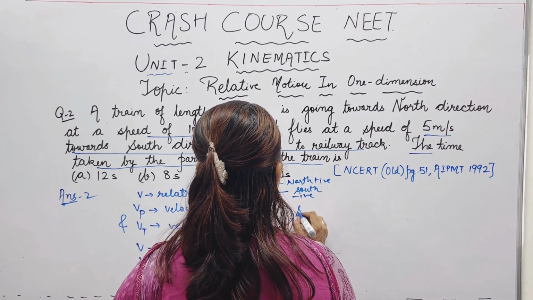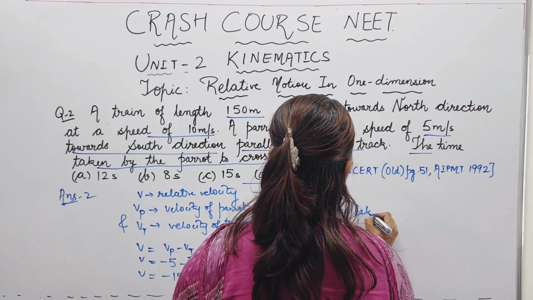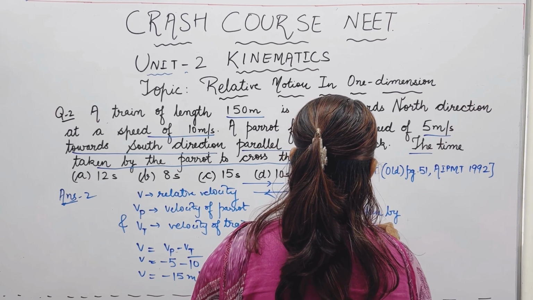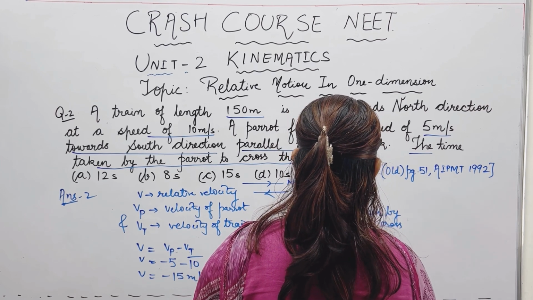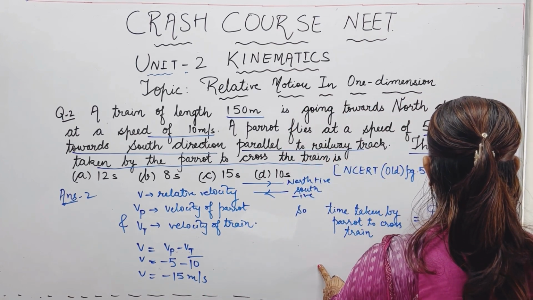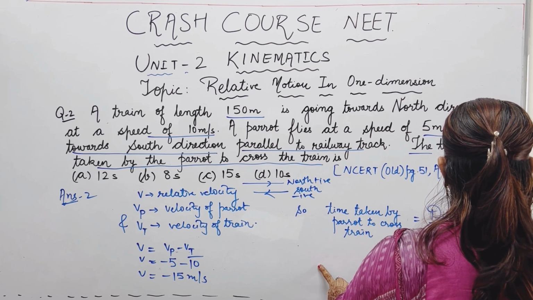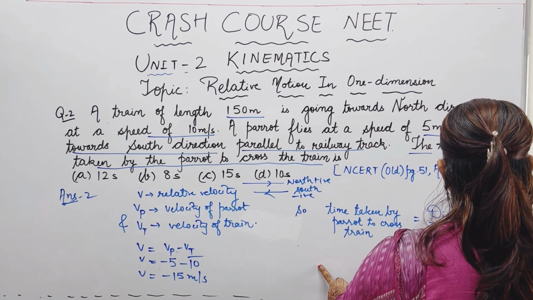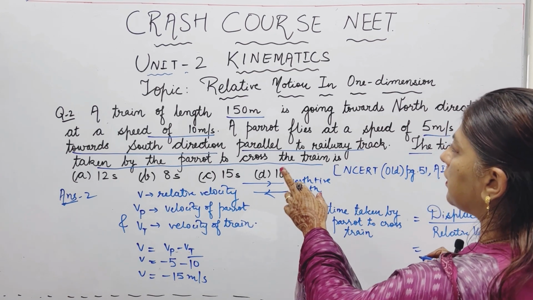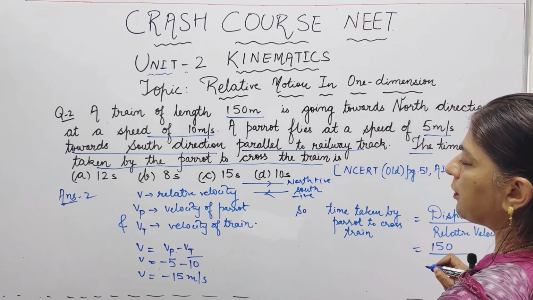So the time taken by the parrot to cross the train will be displacement over relative velocity, that is, the length of the train is 150, relative velocity is minus 15 meter per second.